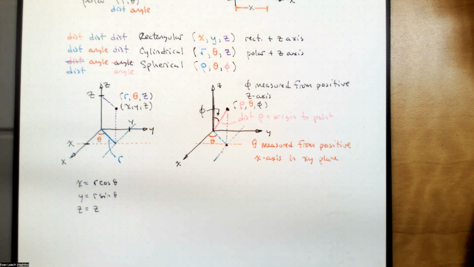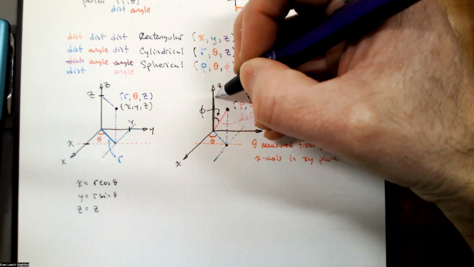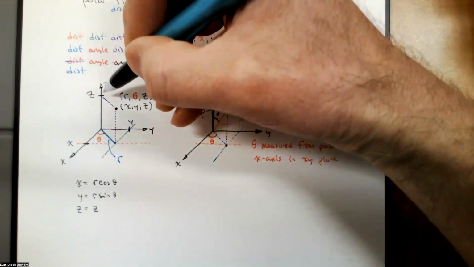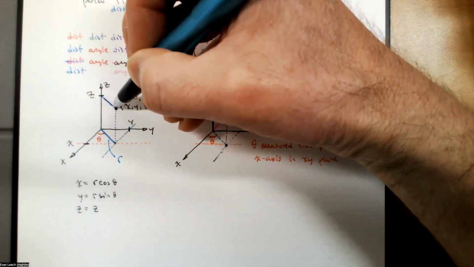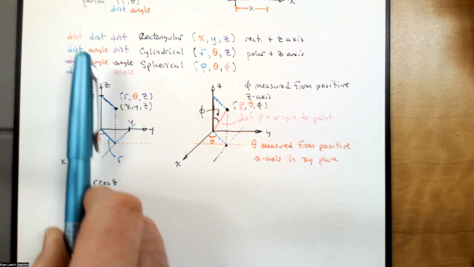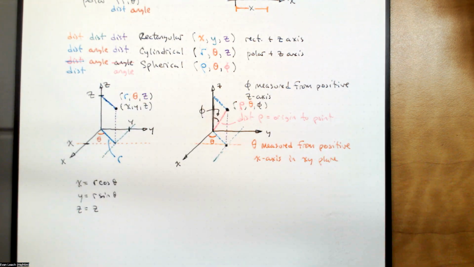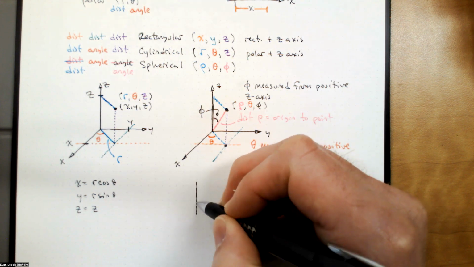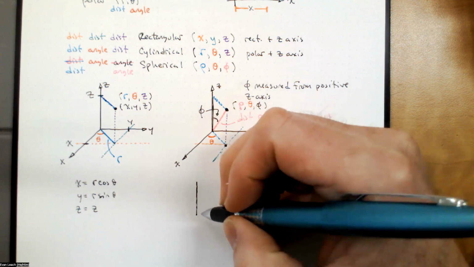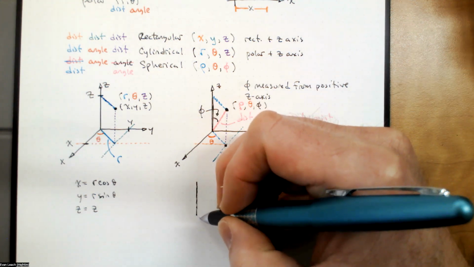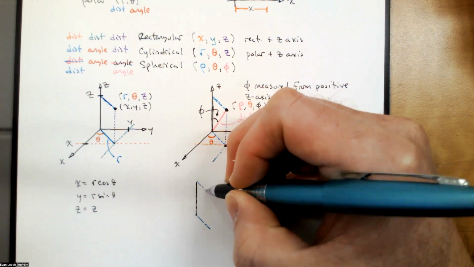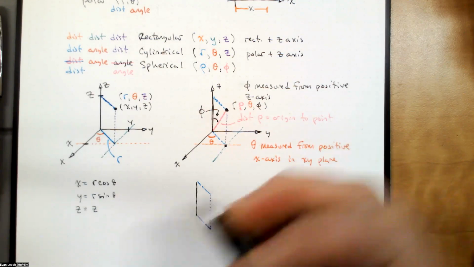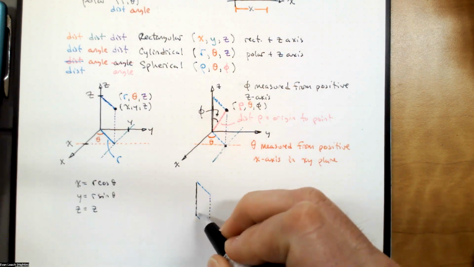I want to grab this triangle up here. It's the same as R. I want to grab this plane that's coming out at an angle, that's been cut by this.